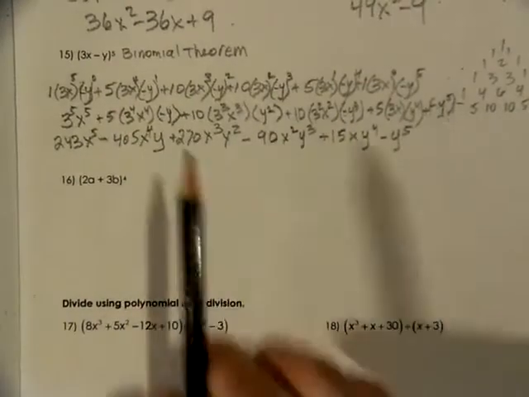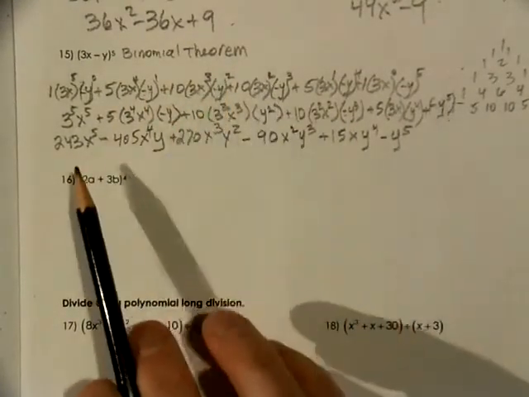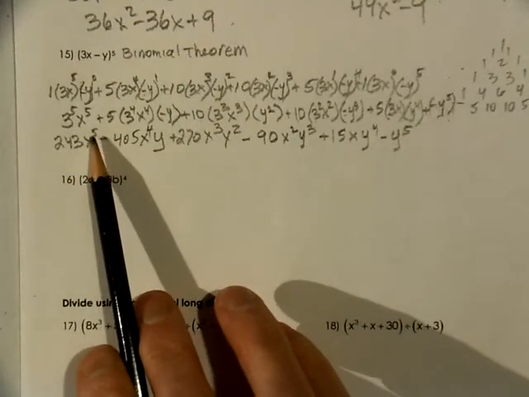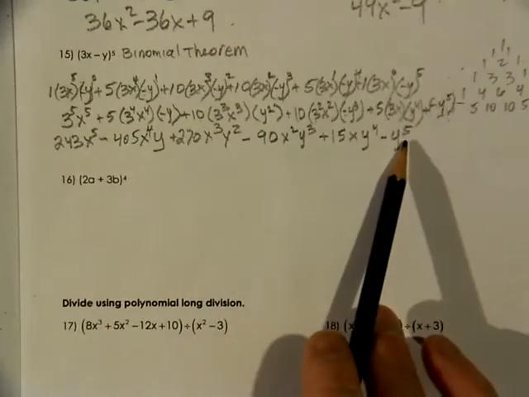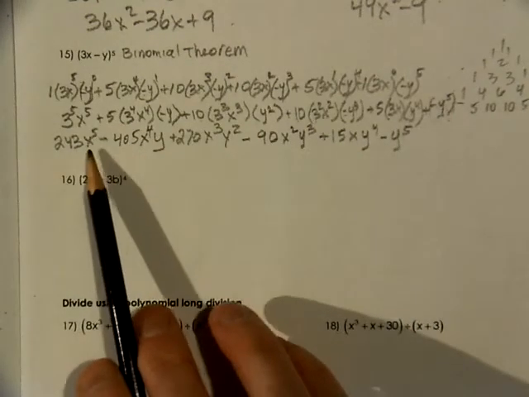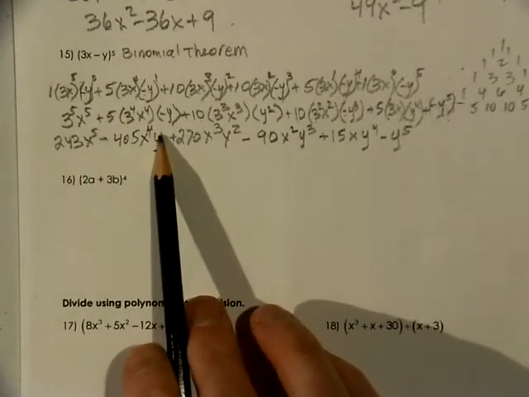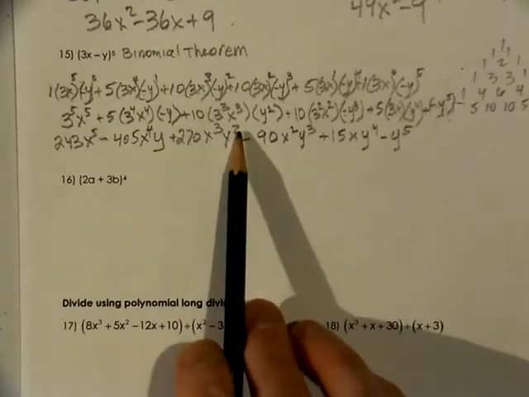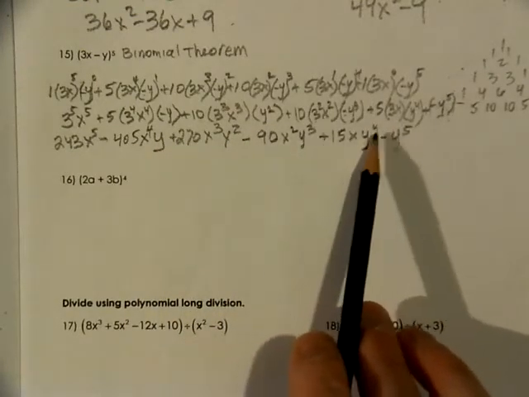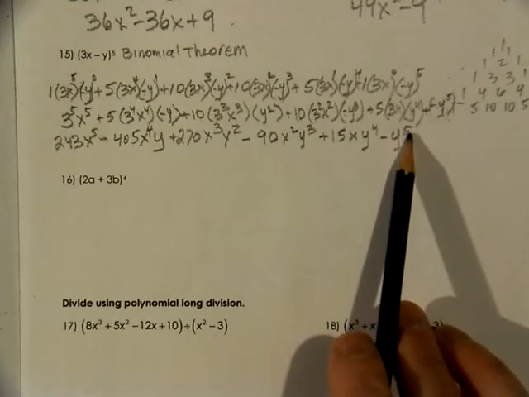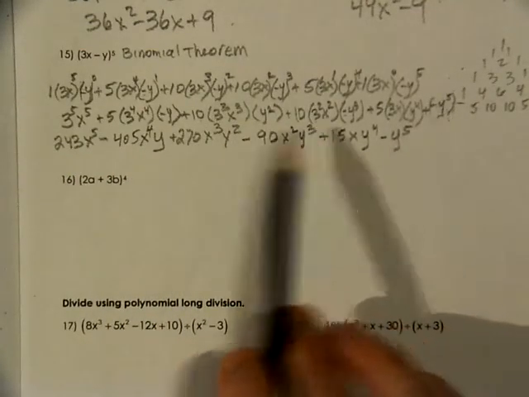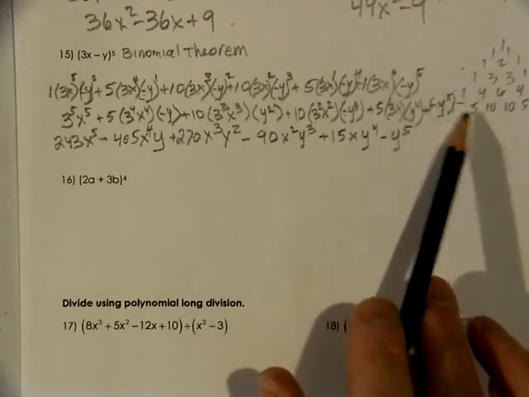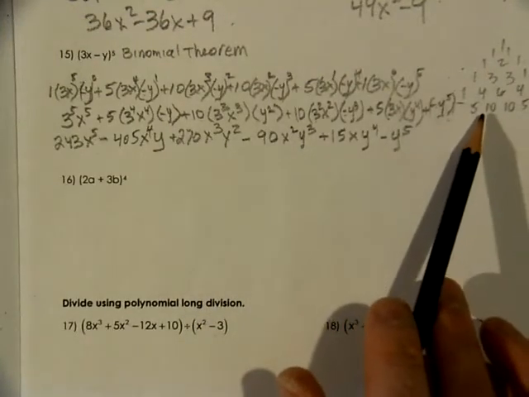So that pattern is called the binomial theorem. Notice that the exponents go 5, 4, 3, 2, 1, and no x's. And for the y's, there are no y's. Then there's y to the 1st power, y to the 2nd power, y to the 3rd power, y to the 4th power, y to the 5th power. And the coefficients, they're all made by multiplying what we had as the 5th row of Pascal's triangle.